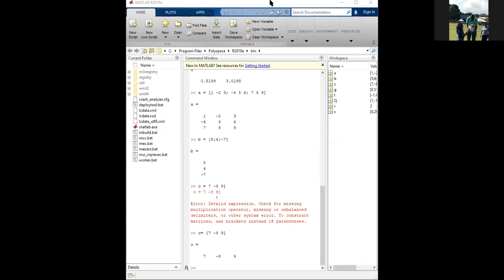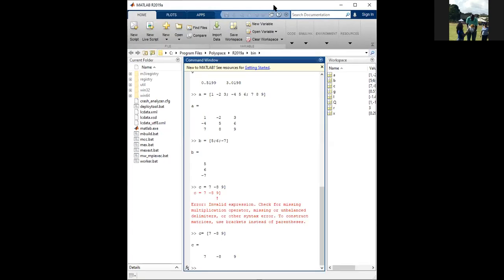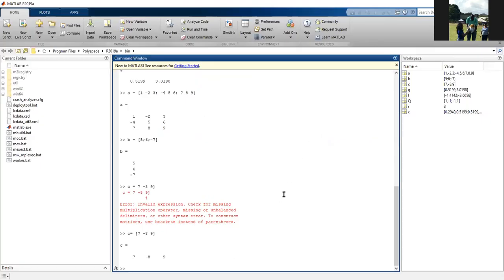So share. All right. So type in Q equals C transpose times C. Is it apostrophe?